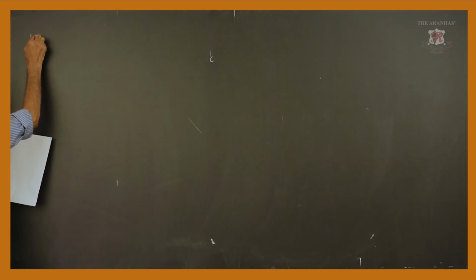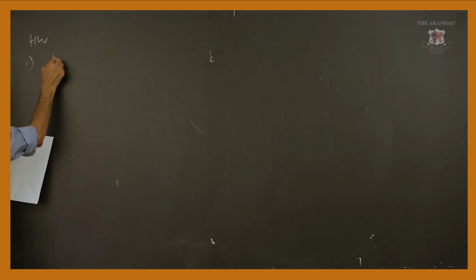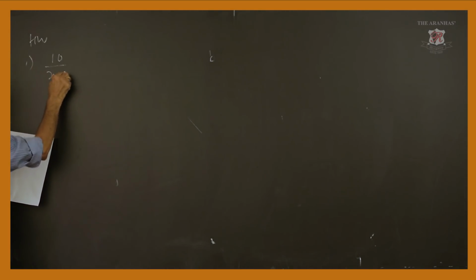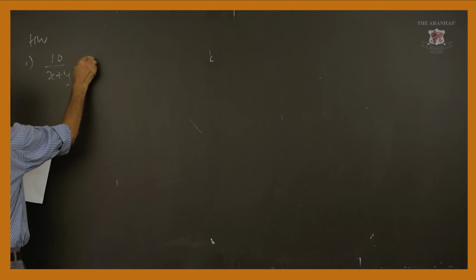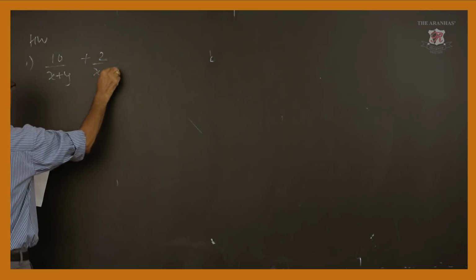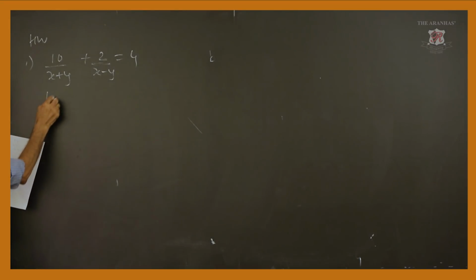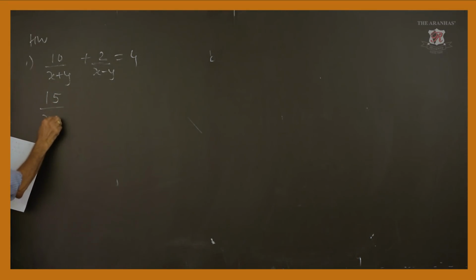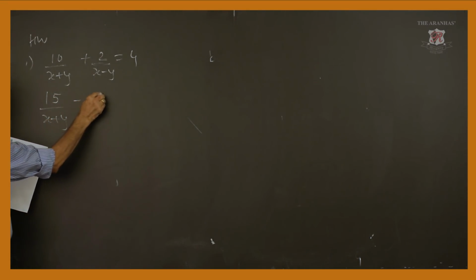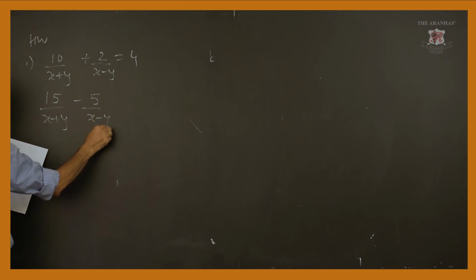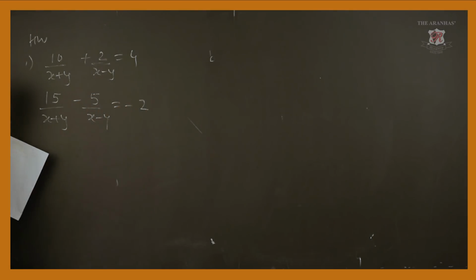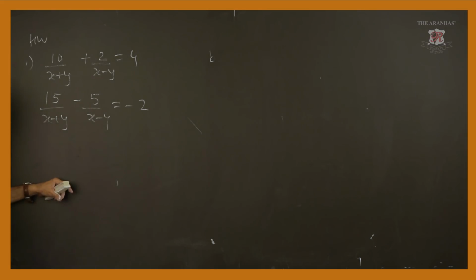This is for homework. 10 upon x plus y plus 2 upon x minus y is equal to 4 and 15 upon x plus y minus 5 upon x minus y is equal to minus 2. Same type, so try this.